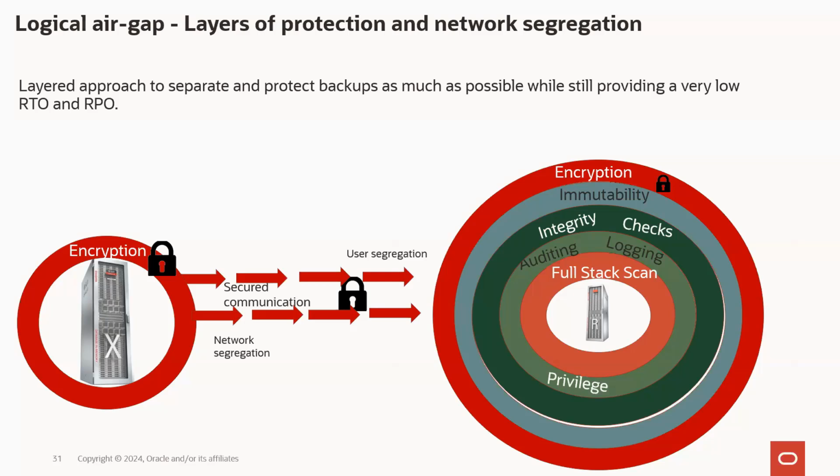So that's the idea of a logical air gap, where you're doing everything you can. And like I said, what I looked at was NIST and the zero trust architecture, because that has a lot of the pieces that you want to use in order to put in those levels of protection for the backups.